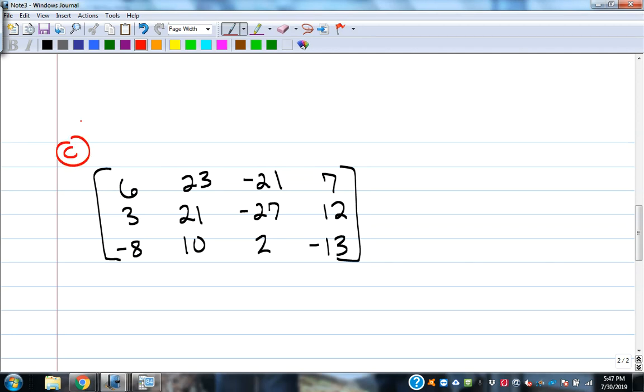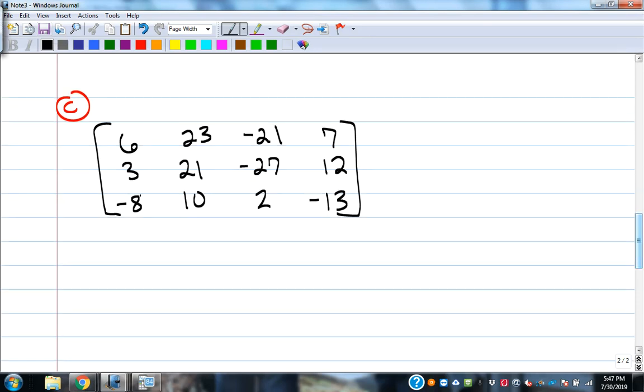Okay. All right. Example C. That's the answer we got on example B. So if you don't want to recopy it, just know that's the answer we got on example B. The row operation that we want to work on this is take 1/3 of row 2 and add it to row 3.